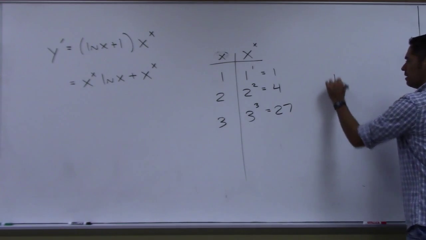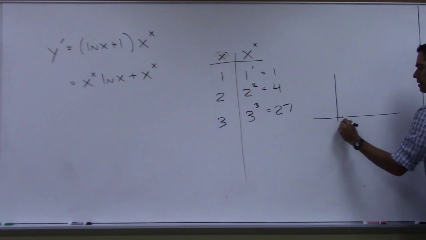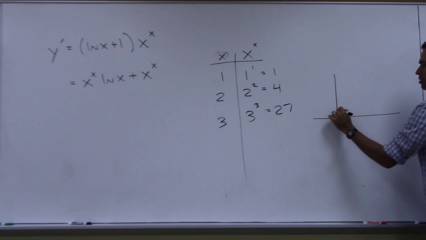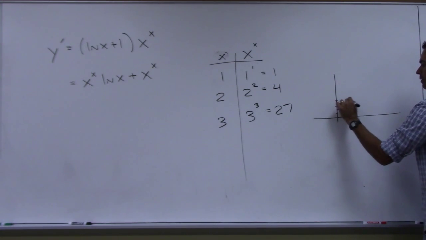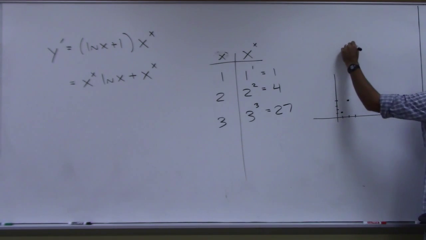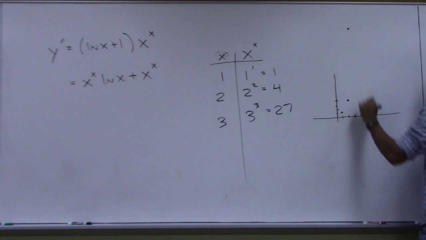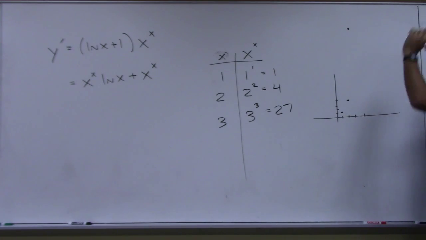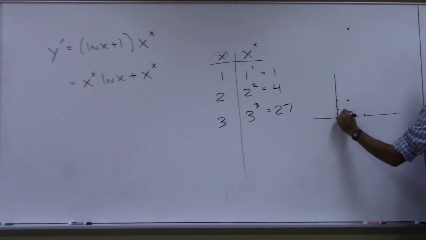So if we graphed it, at 1, it's 1. At 2, it's 4. At 3, it's gone. At 4, it's gone. So it looks kind of like this, doesn't it?